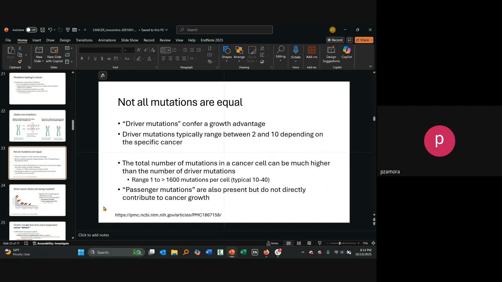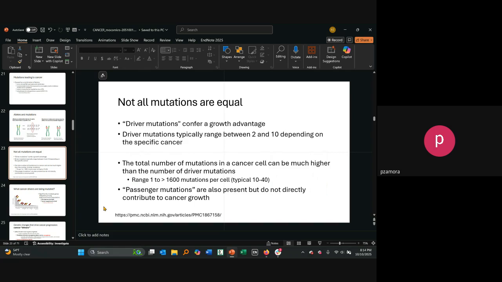That can occur in a larger array of mutations in the cancer cell itself, so that the mutations in a cancer cell as a whole can be much larger than the ones in driver mutations.